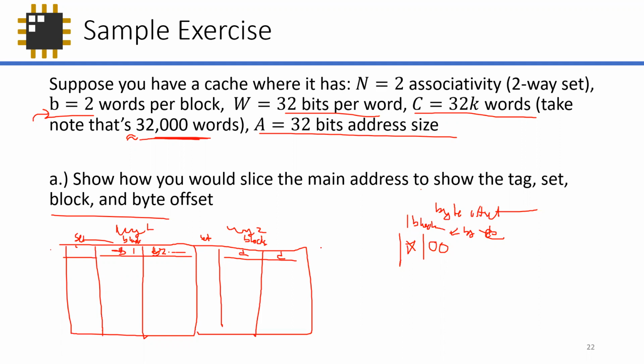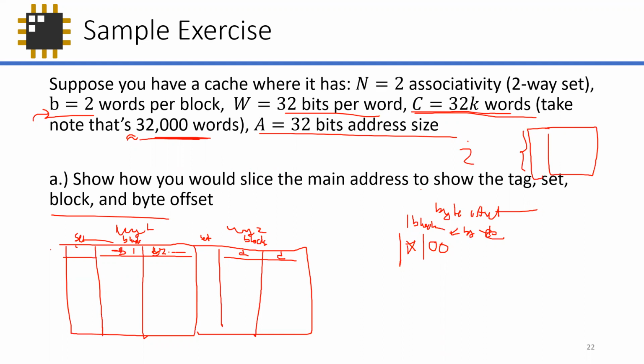Now the tricky part here is, if this were to be a one-way cache, how many sets do I have? I have 32 kiloword sets. That would be approximately 2 to the 16, if I'm not mistaken. Was it 2 to the 16? Nope, 2 to the 15.